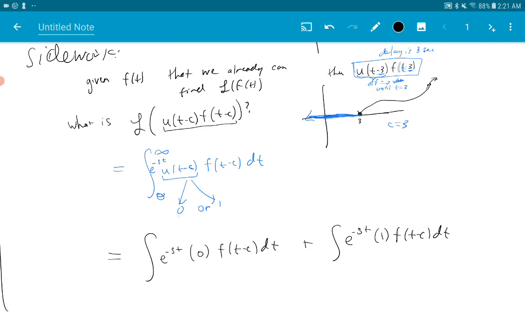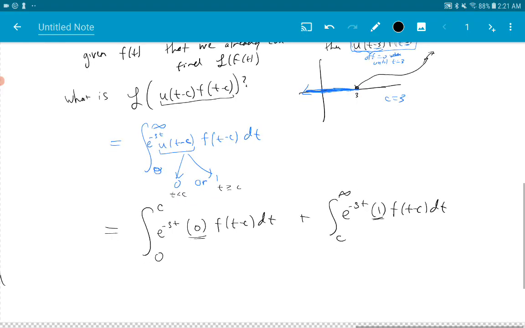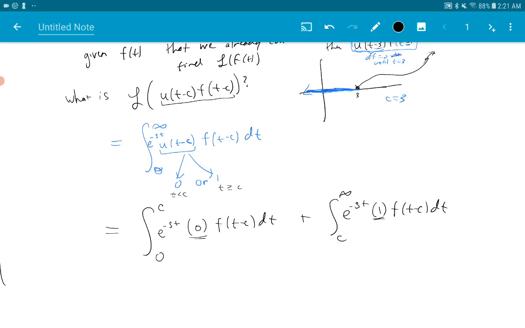When is it 0? It's 0 when t is less than c, and it's 1 when t is greater than or equal to c. So from 0 up to c, this is equal to 0, and then from c on to infinity, that u of t minus c function is equal to 1. So I just need to do these two integrals, and I'll have my answer.